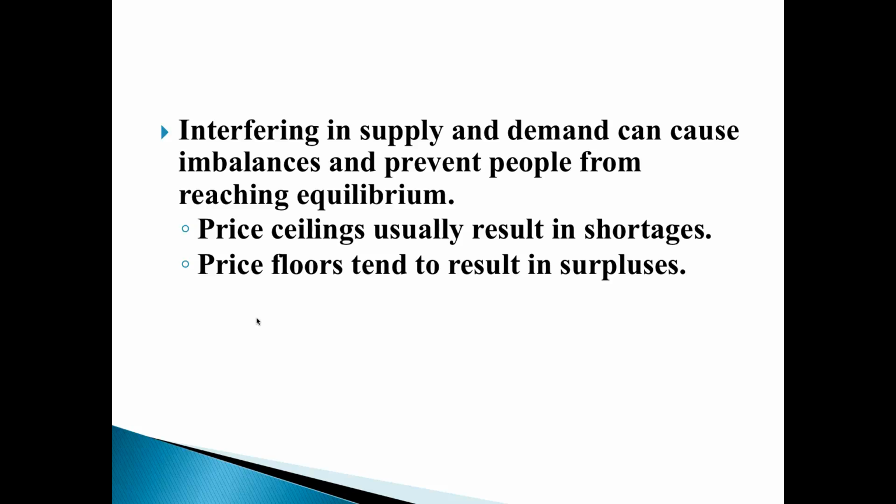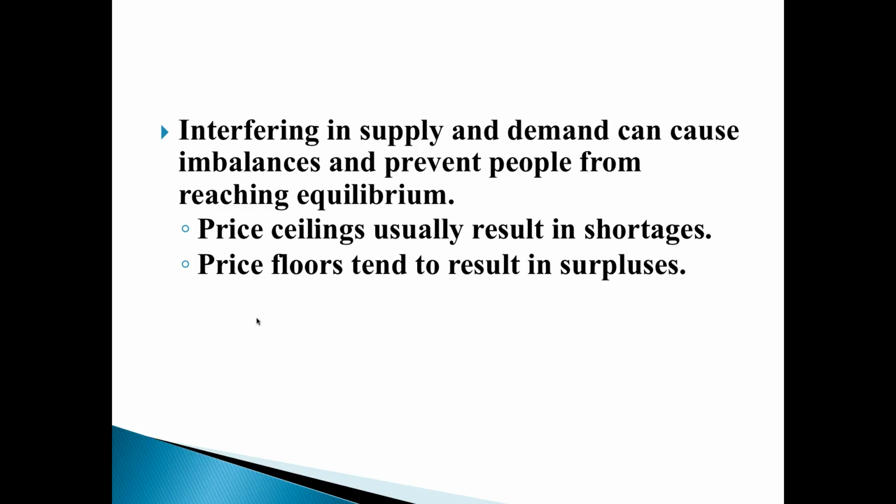Price floors tend to result in surpluses. So the minimum wage will create a surplus of labor. There are more people looking for work than there are people willing to hire at that minimum wage, and so you have a surplus of labor. These businesses are hiring fewer people because the people are more expensive.